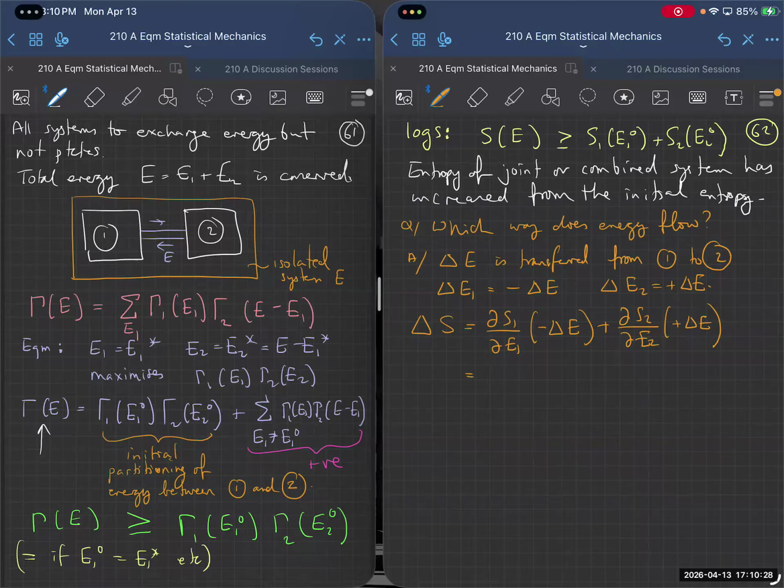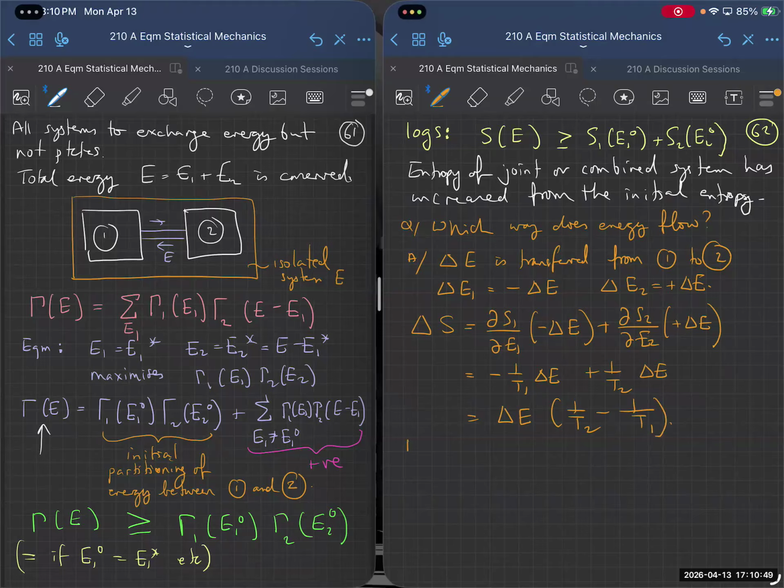And then by what we said before, this is minus 1 over T1 delta E plus 1 over T2 delta E, which is delta E times (1 over T2 minus 1 over T1).